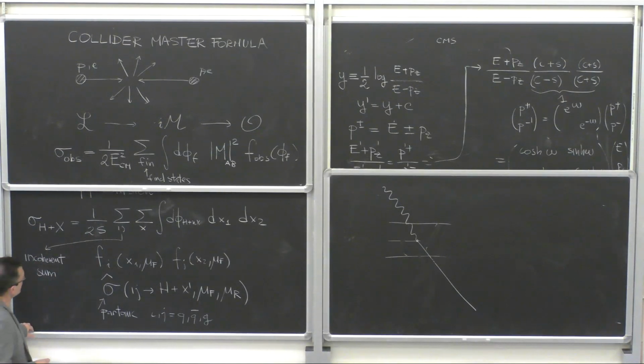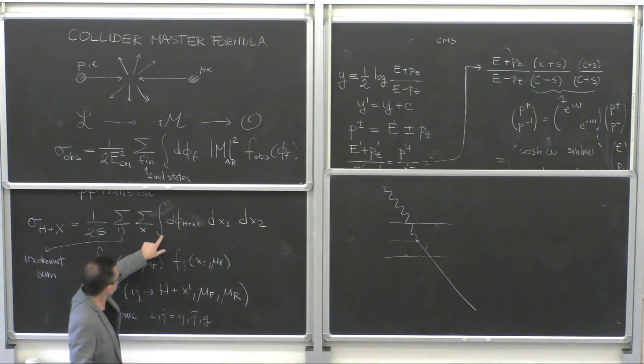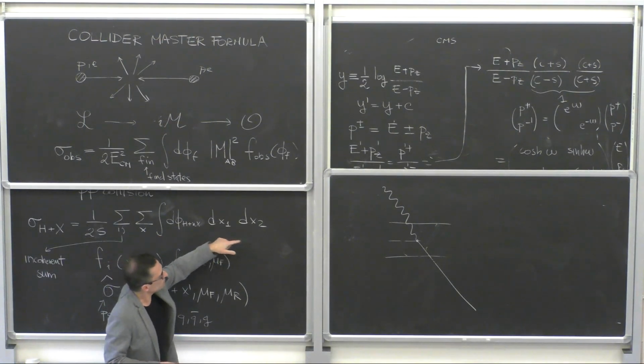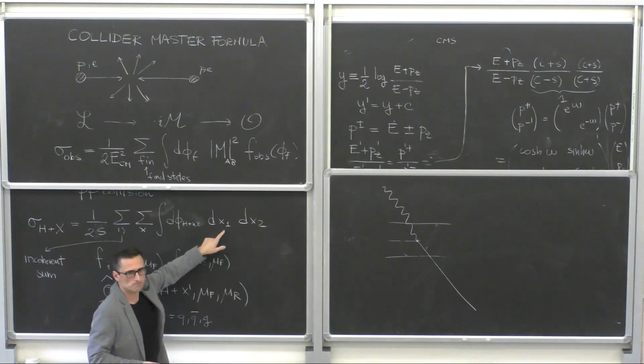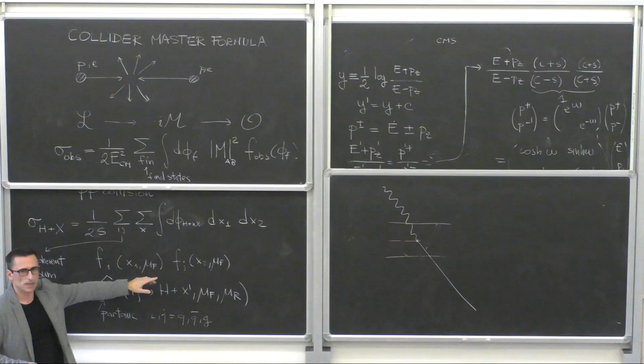The other very important point, which is again hidden here, is the fact that I'm really doing a convolution between the momenta of each species, of each fraction of momentum for each i and j.